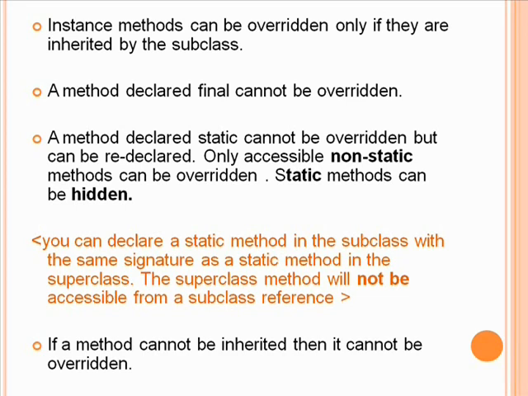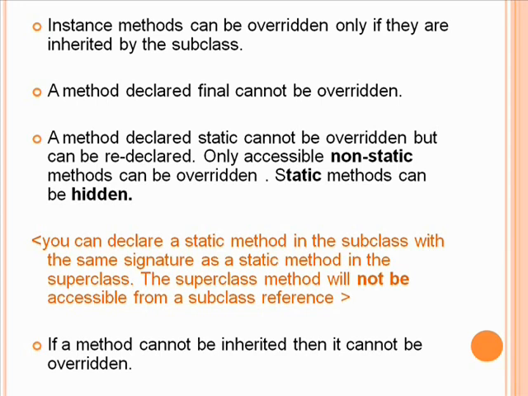Some other rules which we should follow for method overriding are listed here. Instance methods can be overridden only if they are inherited by the subclass. A method declared final cannot be overridden. A method declared static cannot be overridden but can be redeclared.